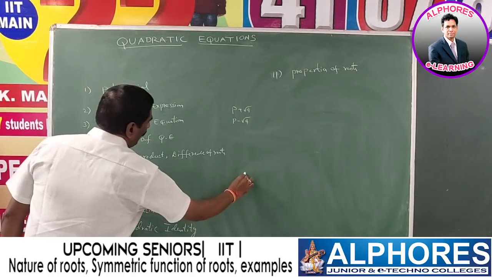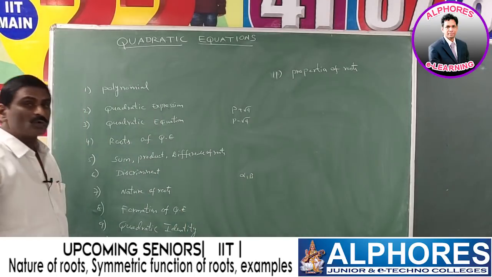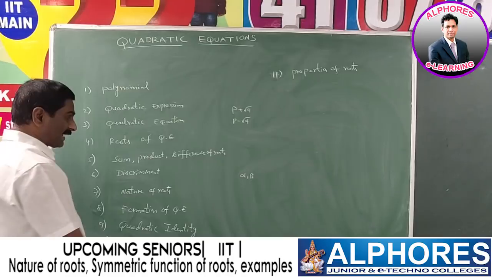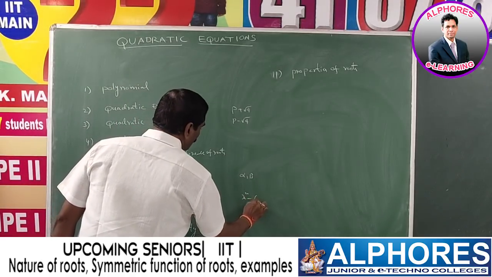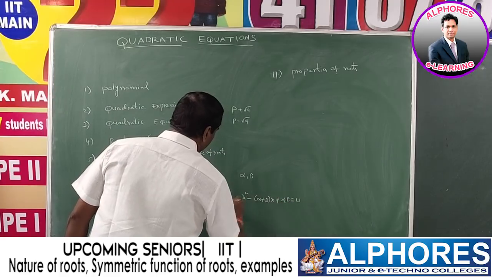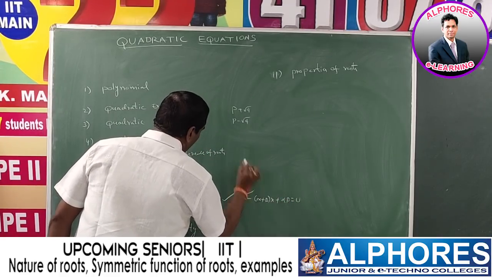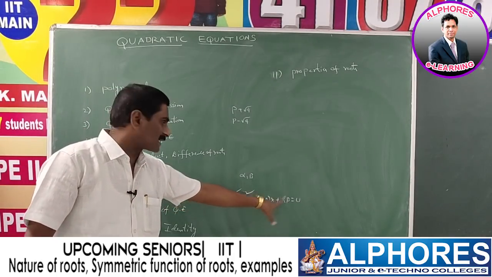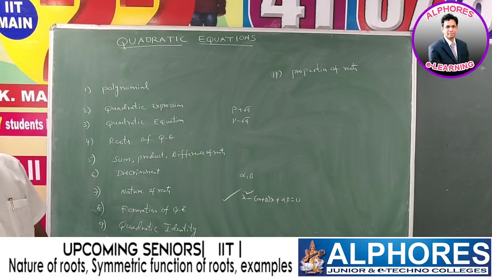Suppose alpha, beta are the two roots of a quadratic equation, then its equation is x² - (alpha + beta)x + alpha beta = 0. That means x² - (sum of the roots)x + product of the roots = 0.